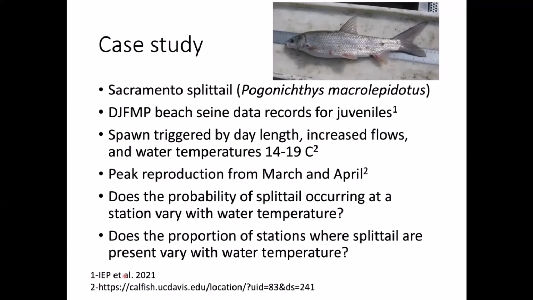So we might think then that when the juveniles start showing up in the beach seine data is when water temperatures start to warm up in the spring. So we ask the question then, does the probability of splittail occurring at a station vary with water temperature? And we can also ask the question, does the proportion of stations where splittail are present vary with water temperature?